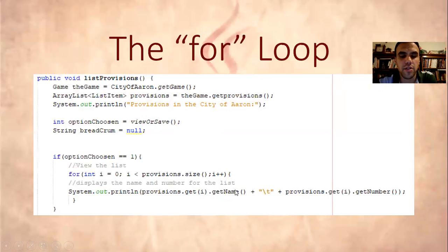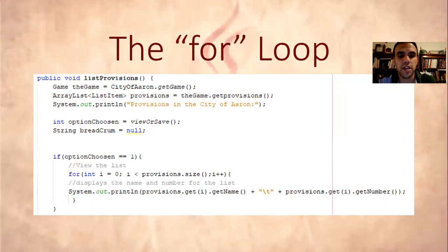It's gonna print the first number on the list, which will be index 0, and then it's gonna add 1 to I, and when it runs again, I is gonna be equal to 1. So it's gonna print the second item on the list, and then it's going to run again, and I is going to be equal to 2, and so on until it gets to the end of the list, which is equal to the size of the array.